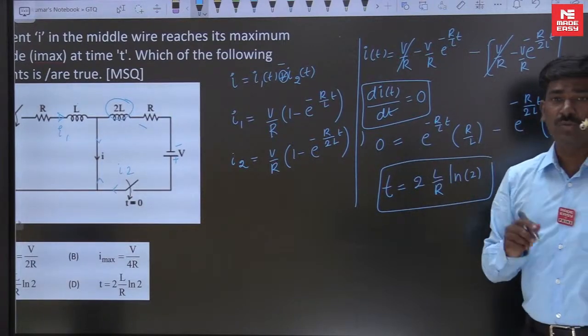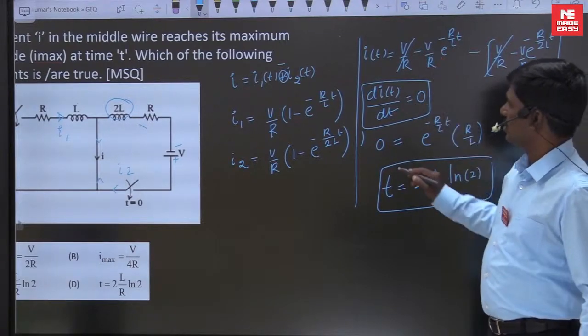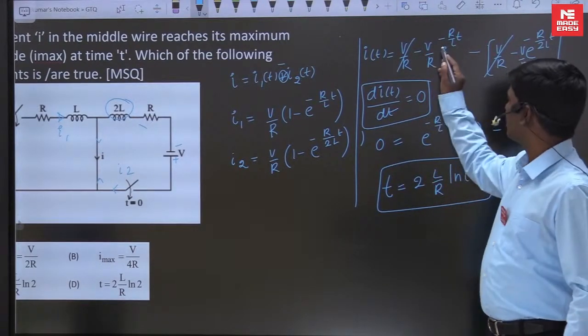So what is the maximum value? How to get the maximum value? Just substitute in this.